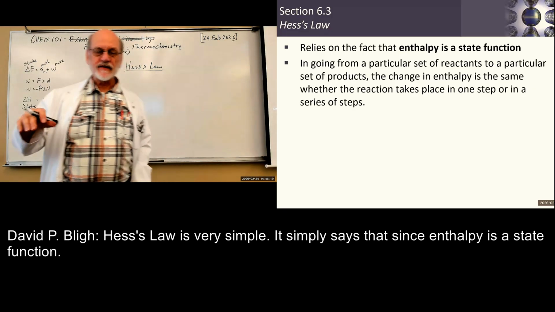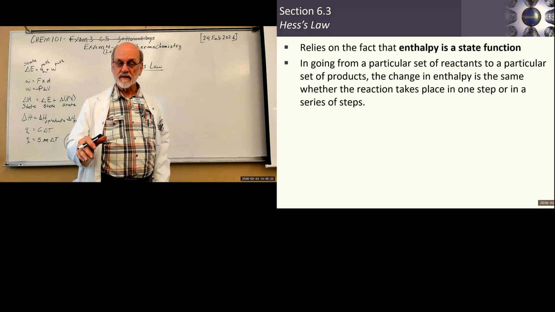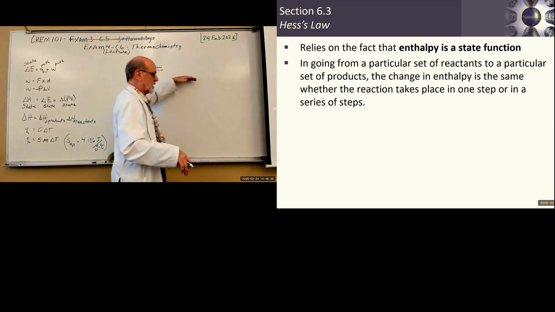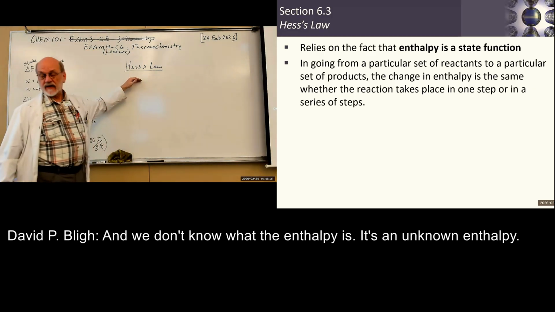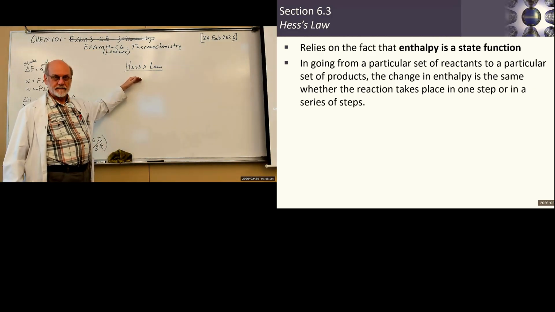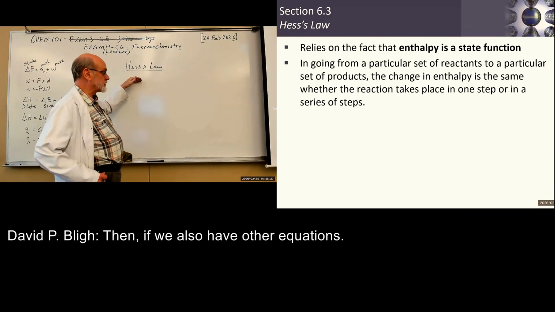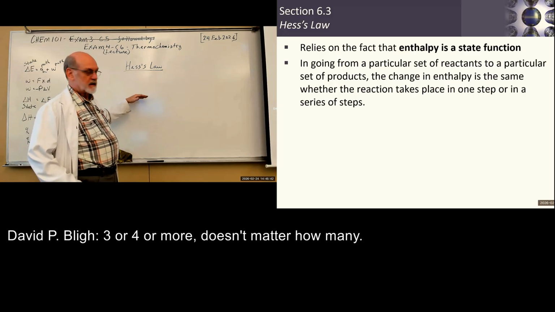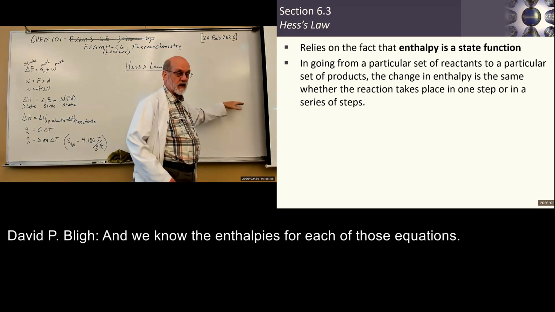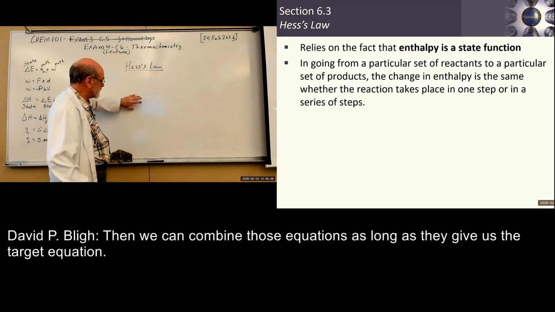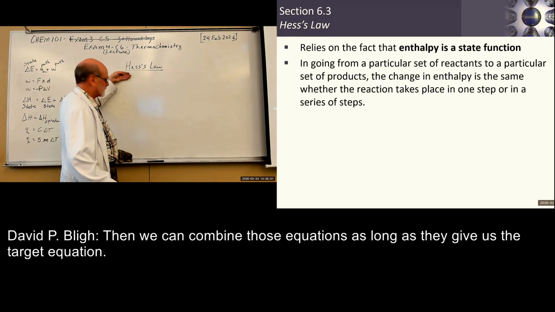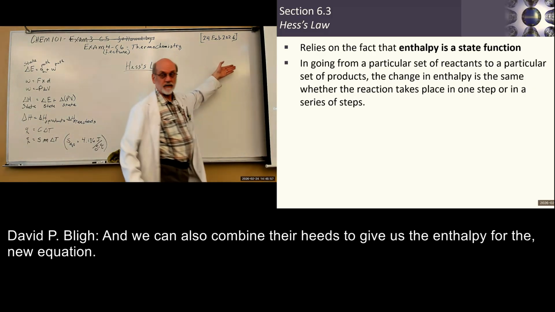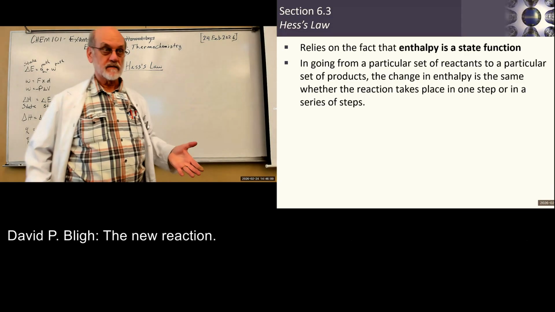It simply says that since enthalpy is a state function, if we have an equation for a reaction and we don't know what the enthalpy is, it's an unknown enthalpy, then if we also have other equations, 3 or 4 or more, it doesn't matter how many, and we know the enthalpies for each of those equations, then we can combine those equations as long as they give us the target equation. Then we can also combine their heats to give us the enthalpy for the new reaction.